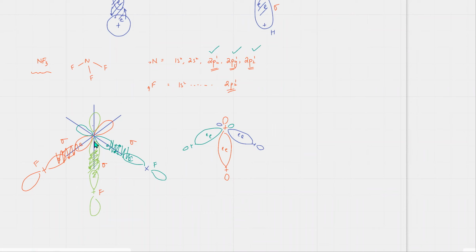They would start overlapping and the orbitals would merge. This fluorine would try to attract nitrogen's electron. Nitrogen would attract fluorine's electron. The electrons would be stuck in the middle. And here's another overlap. So there would be three overlaps happening. One nitrogen atom bonded to three fluorine atoms. So this over here was nitrogen, and it was bonded to three fluorine atoms. Now that's what a sigma bond is.